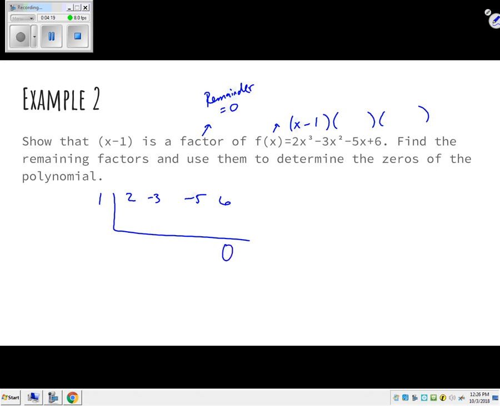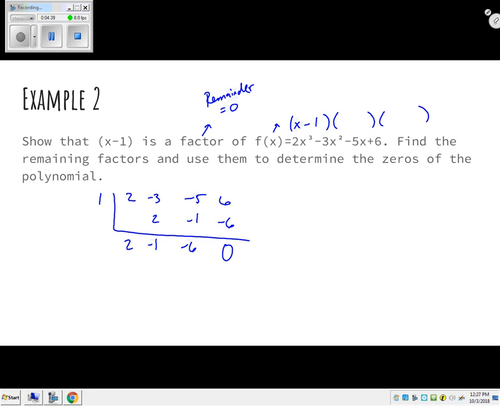So if I work this correctly, I should get a 0 down there. Okay, so I'm going to drop right here, multiply and add, multiply, add, multiply, and sure enough, I get 0.